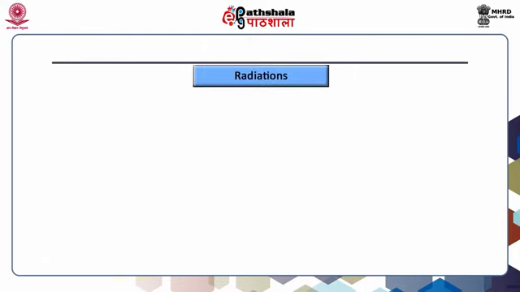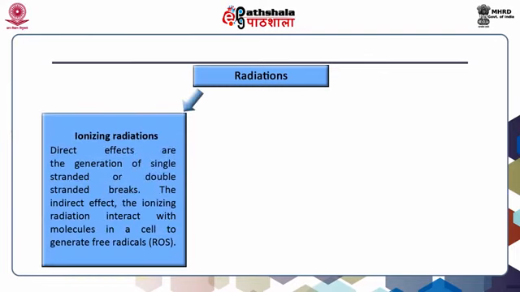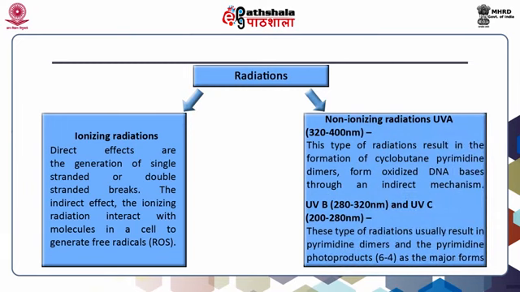Radiations are another major cause of mutation. These can be categorized into two types of radiations: the ionizing radiations and the non-ionizing radiations. Ionizing radiations have a direct effect on the generation of single-stranded or double-stranded breaks.